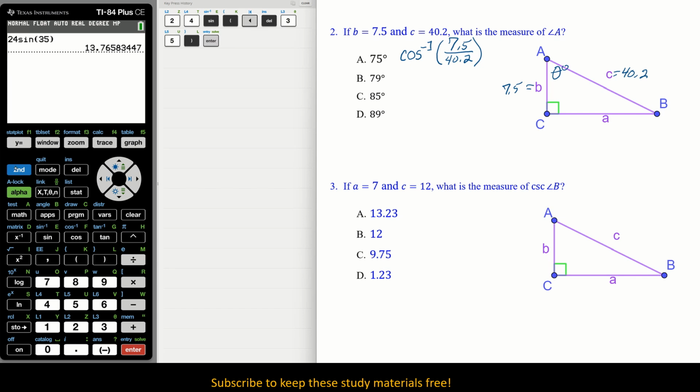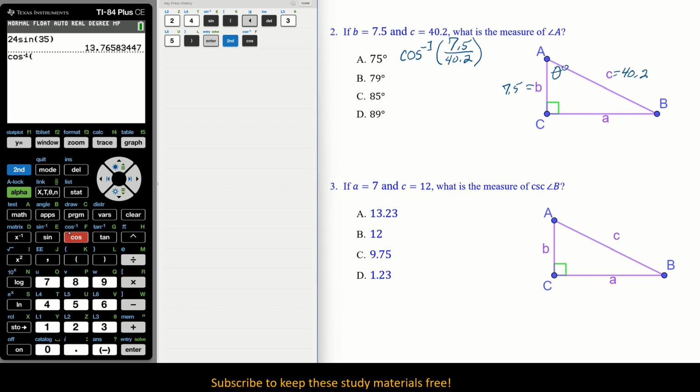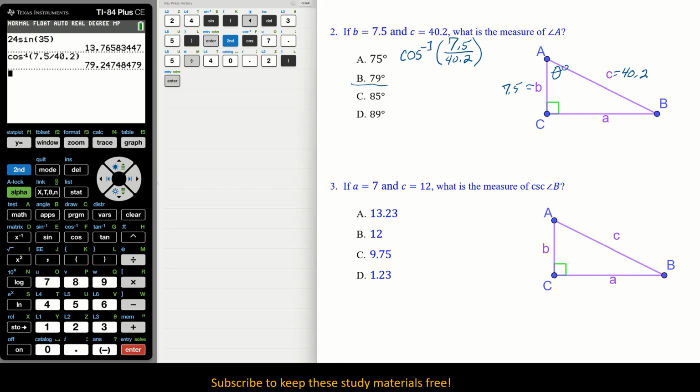All right, so we go second cosine, which gives us our inverse, and then 7.5 divided by 40.2. Now rounding slightly, option B is the only one that even gets close, so we're good.